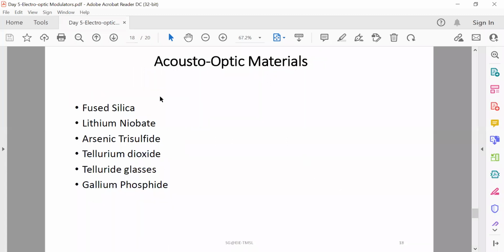Here is the list of different materials which are used to generate this acousto-optic effect: silica, lithium niobate, arsenic trisulfide, tellurium dioxide, telluride glasses, and gallium phosphide can be used. The selection of the acousto-optic material depends upon the specific application.